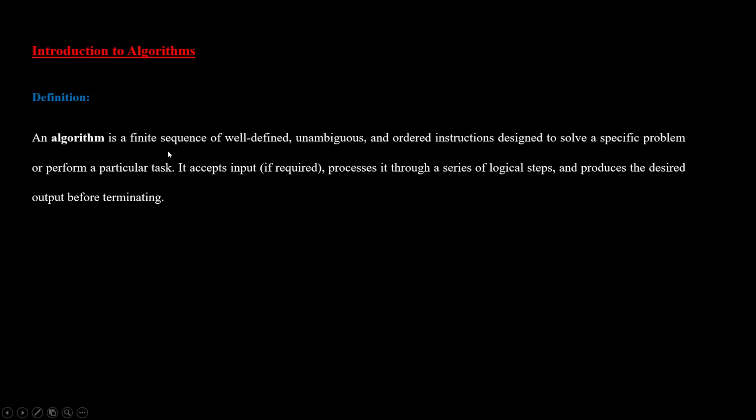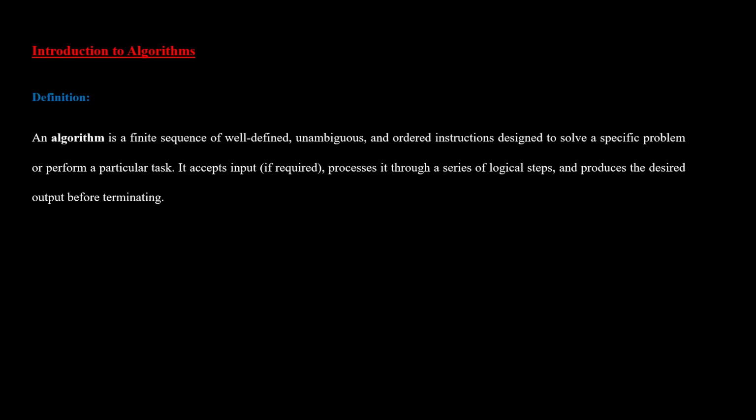If you read this definition, an algorithm is a finite sequence of well-defined and unambiguous, that is, clear statements without any confusion, ordered instructions designed to solve a specific problem or specific task. The algorithm accepts input, so we are required to give a well-defined input to the algorithm.